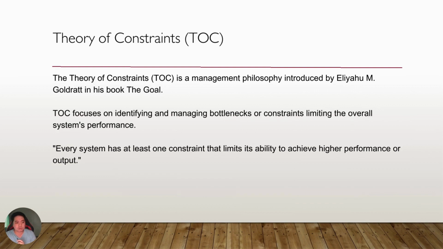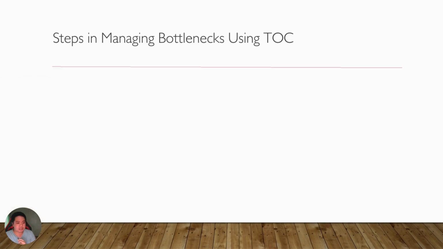It was quoted that every system has at least one constraint that limits the ability to achieve higher performance or output. To address that, he offered steps in managing bottlenecks.